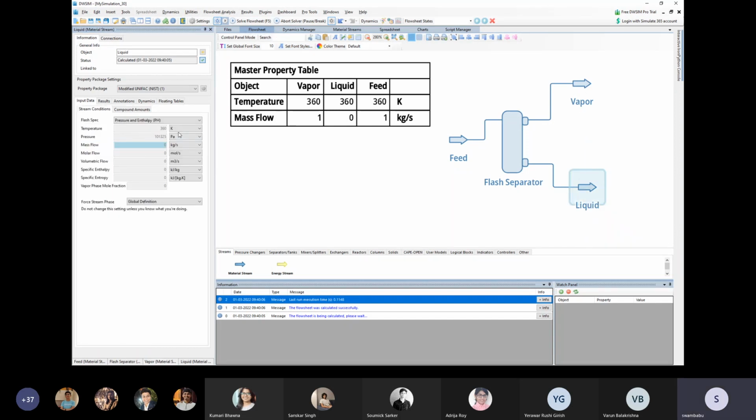Now the liquid is becoming 0, right? So this totally varies between the vapor and liquid conditions, depending on the temperature.